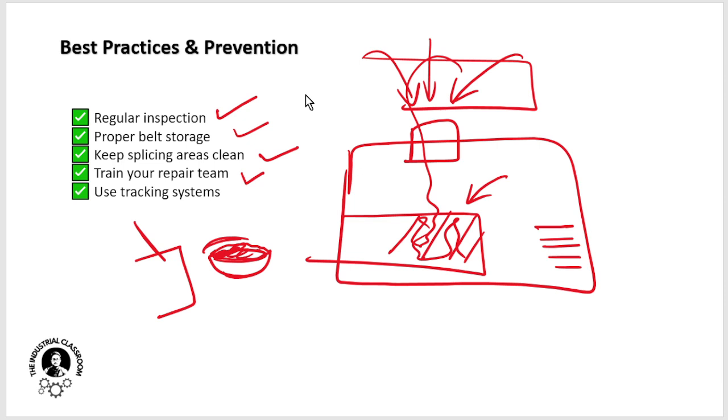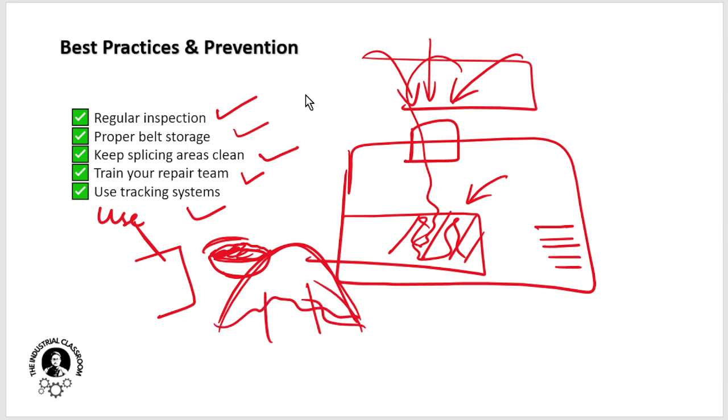And the next point, use tracking systems. We have found a lot of abnormalities due to improper tracking. Also remember to use proper tonnage. We have purchased a belt of low rating considering the price, and then the belt is running with material falling all around, with excessive material buildup.